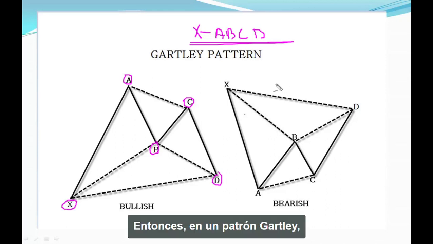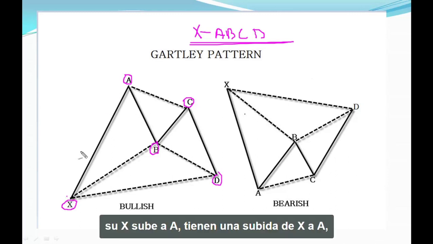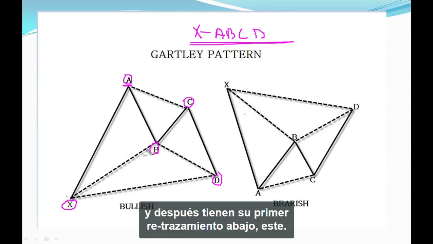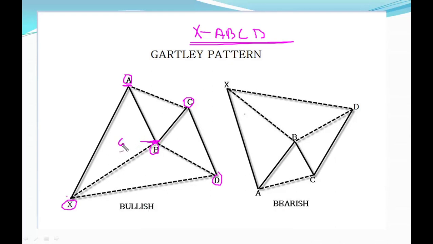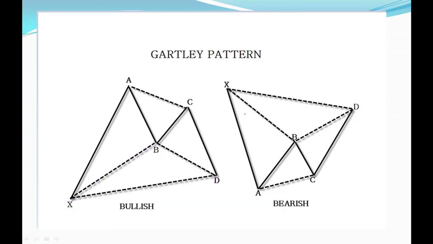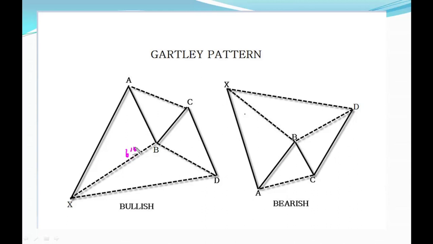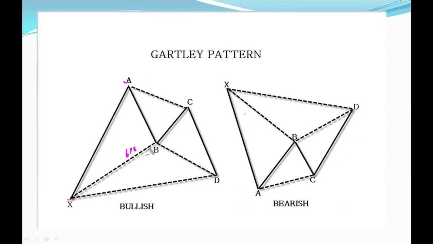So on a Gartley pattern, your X goes up to A. You have a rally from X to A, and then your first retracement down, which is your B, should be a 618 retracement. So from X low to A high down to B is a 618.